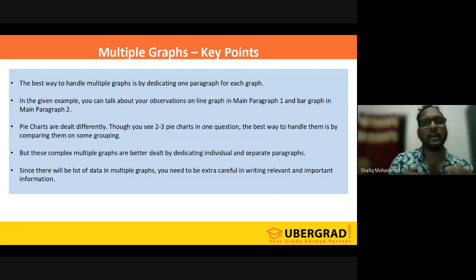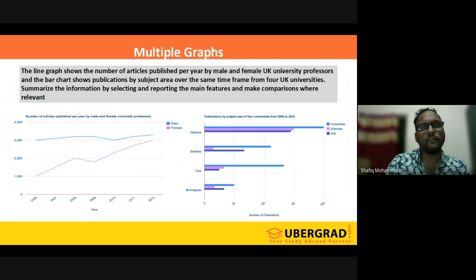For the main paragraph, you're going to talk about the first line graph, if it is a line graph. Then in the second explanation paragraph, you can talk about the second illustration, which is a bar graph here. So, introduction, overview, then the first explanation paragraph, second explanation paragraph.